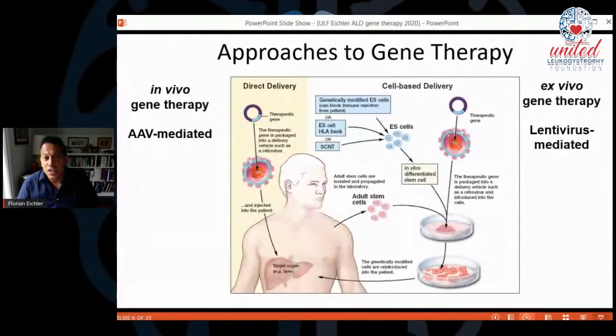And on the other hand, ex vivo gene therapy, which is usually lentivirus mediated and requires a cell-based delivery modality. That means we are delivering outside of the body, ex vivo, the lentiviral vector carrying the gene onto cells that are then infused into the body. Next.